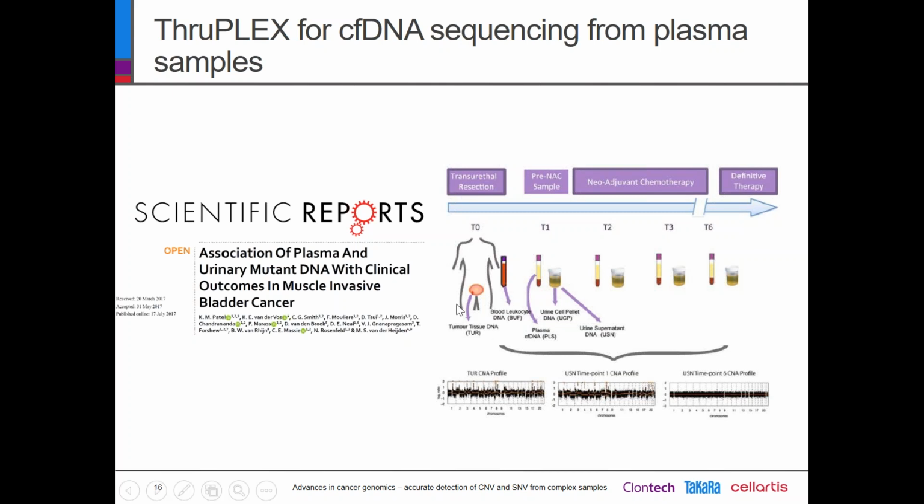This is just a very recent example published last year, where this group looked at plasma samples from bladder cancer and circulating DNA, and they were able, of course, to correlate the circulating tumor DNA in these samples with the clinical outcome of the patient.